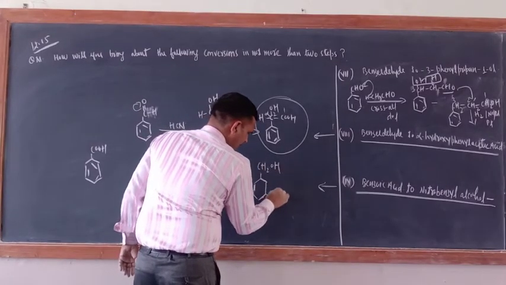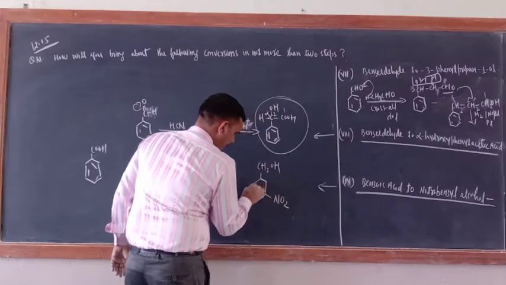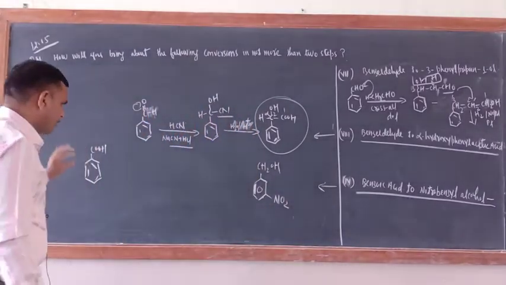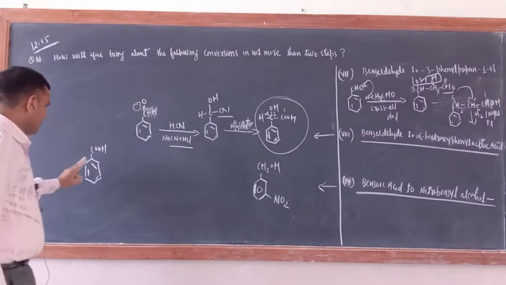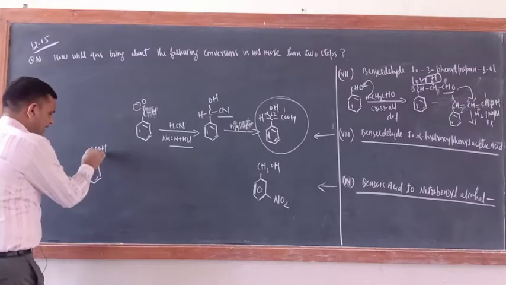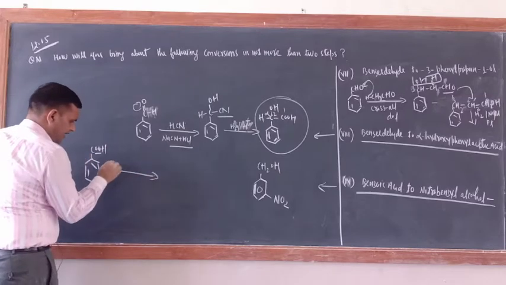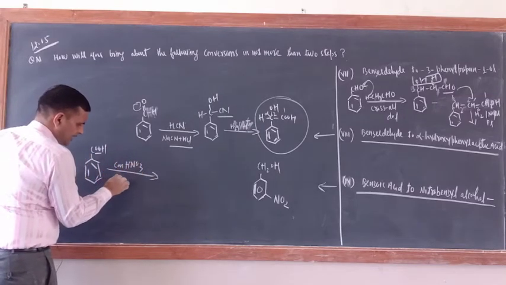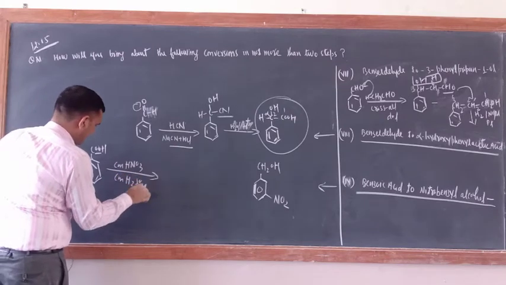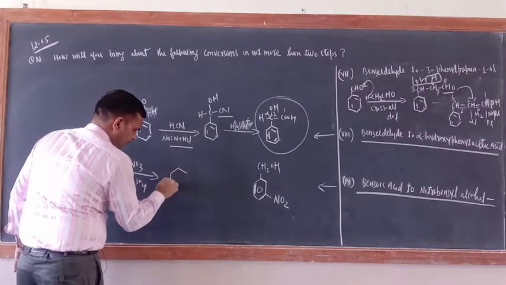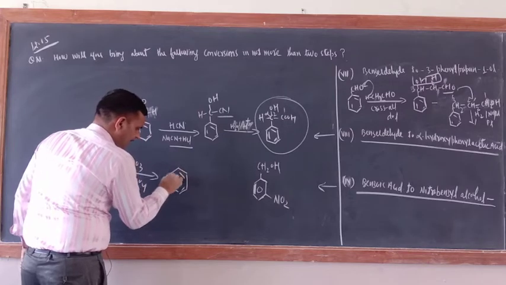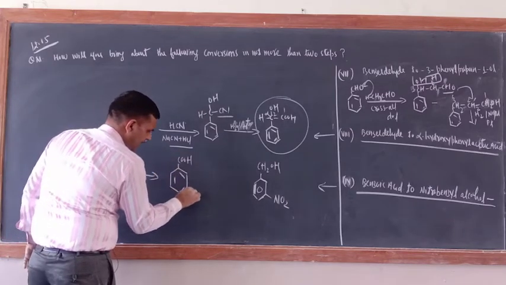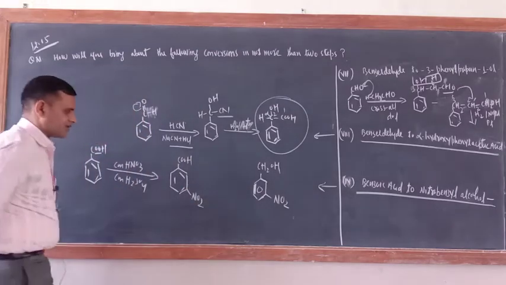CH2OH and here NO2. Okay, so just see. Now a very simple thing is there. Number one, this is meta directing, directly subject it to nitration. Concentrated HNO3, concentrated H2SO4. So here what would be the product? At the meta position, this would be COOH only, and here NO2 will be introduced.